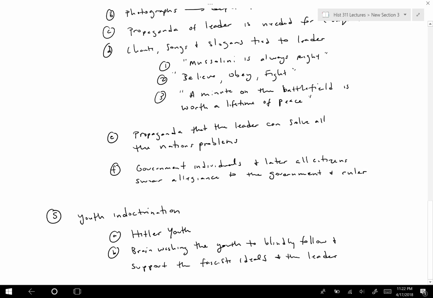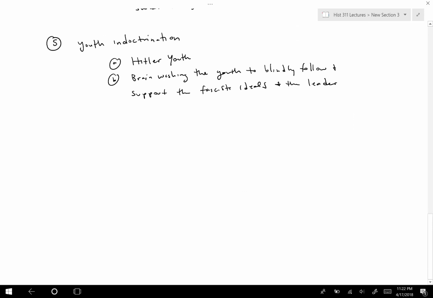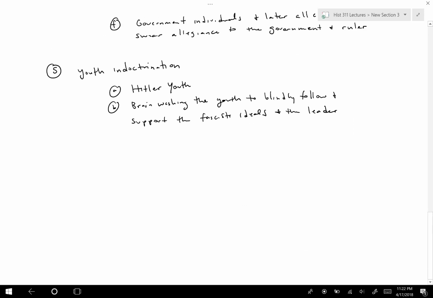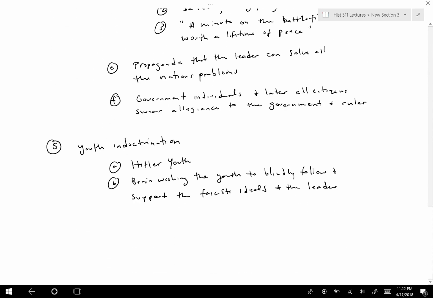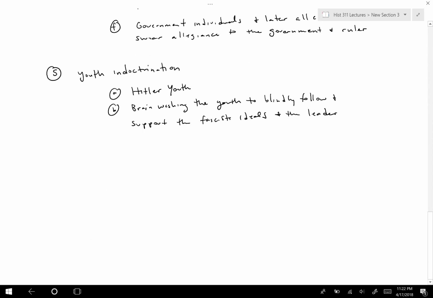Because if you start with the young, and as they grow up, they become significantly more, not only indoctrinated, but loyal in the process. And it's very much what the Hitler Youth were trying to do there.